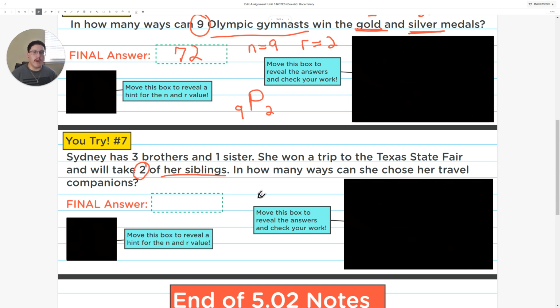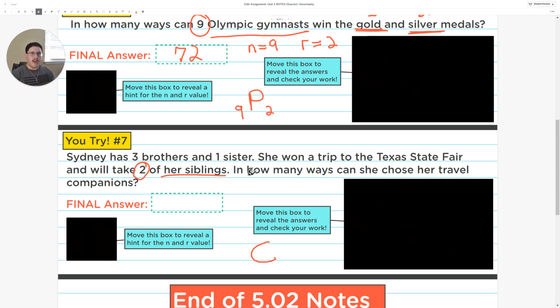Do I care whether I choose one person first or another person second, third, fourth, etc.? And nowhere do I see in the problem that she wants to choose a brother first and then a sister, or a sister and then a brother, or if she just wants to choose somebody for the first place, second place, whatever. I don't see it anywhere here. So no, order does not matter. We are dealing with a combination.